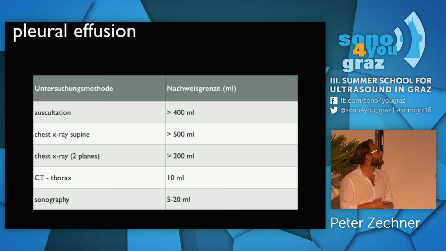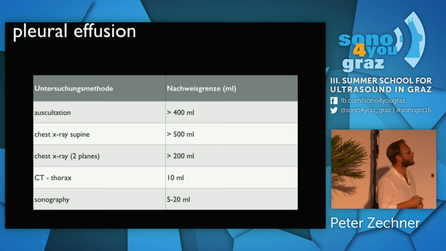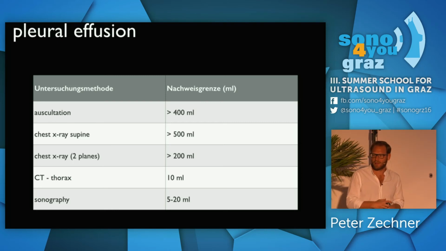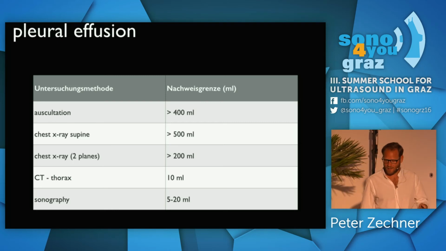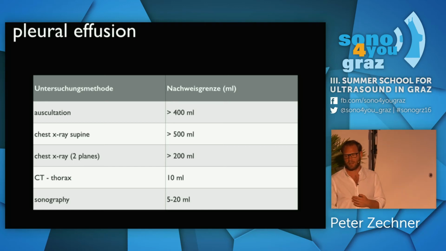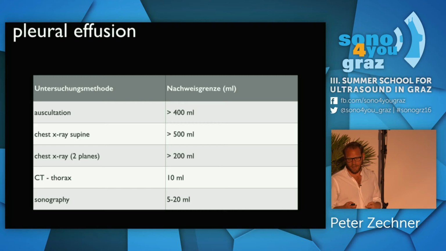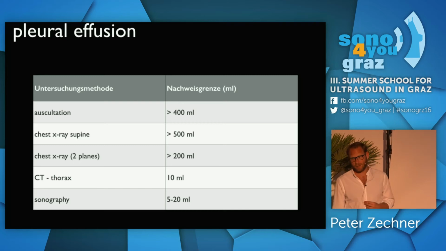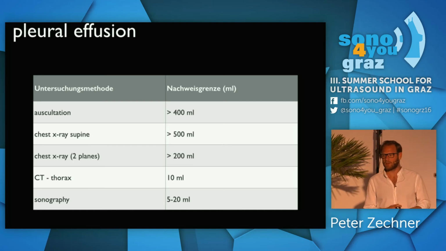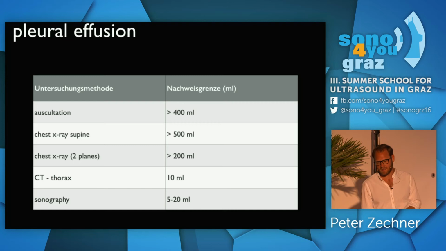Just some slides. Here is a comparison of different methods. Auscultation needs about 400 milliliters so that we can diagnose pleural effusion. Chest X-ray in supine position needs about 500 milliliters. That's pretty a lot. Chest X-ray in 2 planes needs 200 milliliters to get diagnosed.